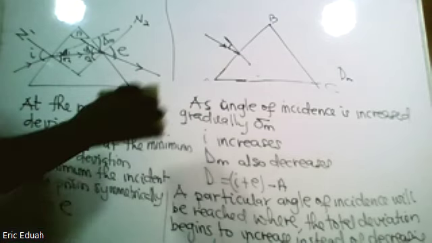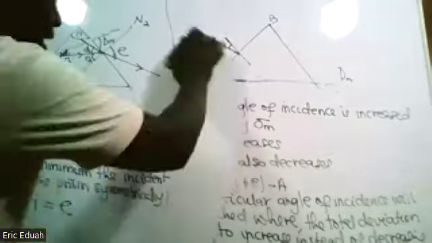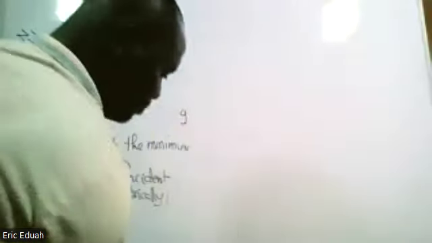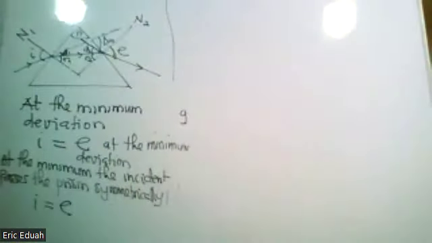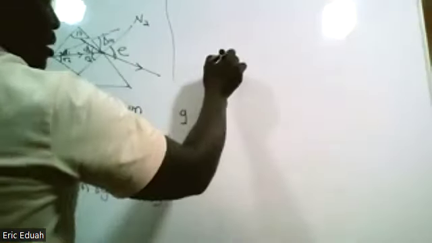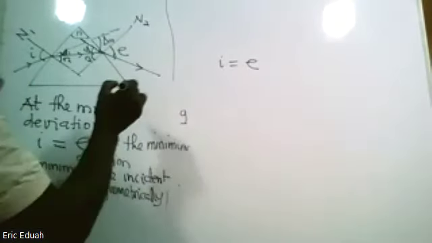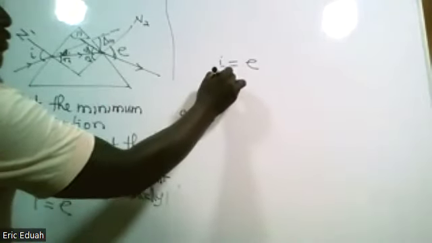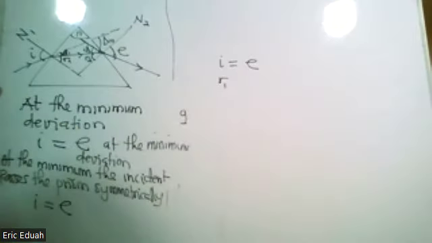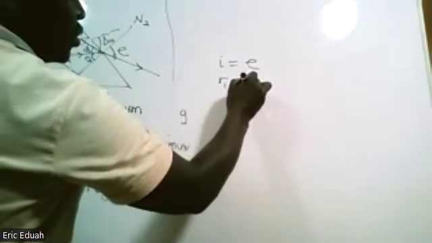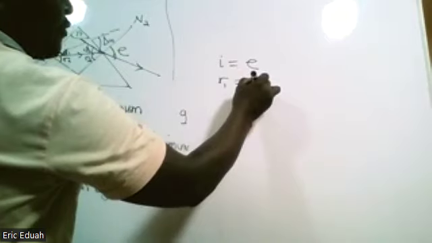Two, at the minimum deviation, I is equal to E, and the first angle of refraction, R1, is also equal to the second angle of refraction, R2.